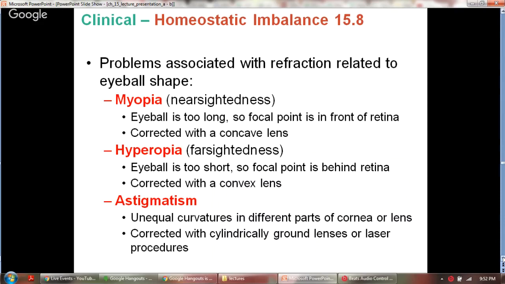Hyperopia, farsightedness: the eyeball is too short, so the focal point is behind the retina, and it's corrected with a convex lens. And this condition called astigmatism, unequal curvatures in different parts of the lens or the cornea, is corrected with cylindrical ground lenses or laser procedures.